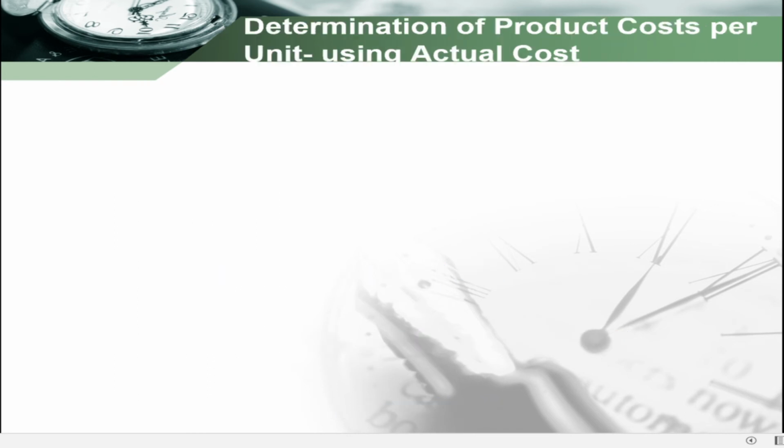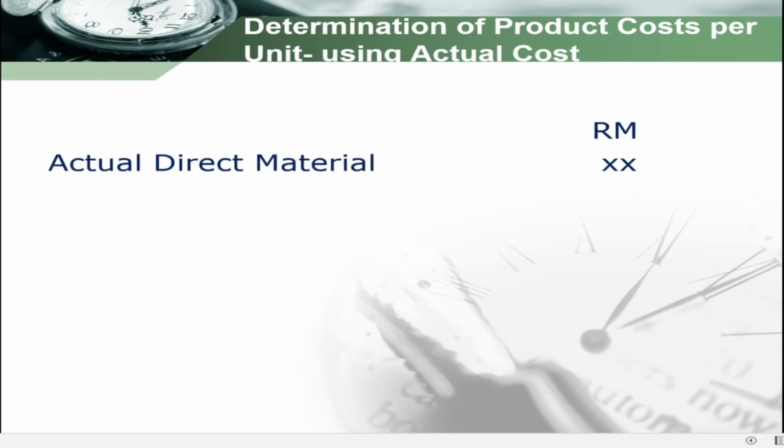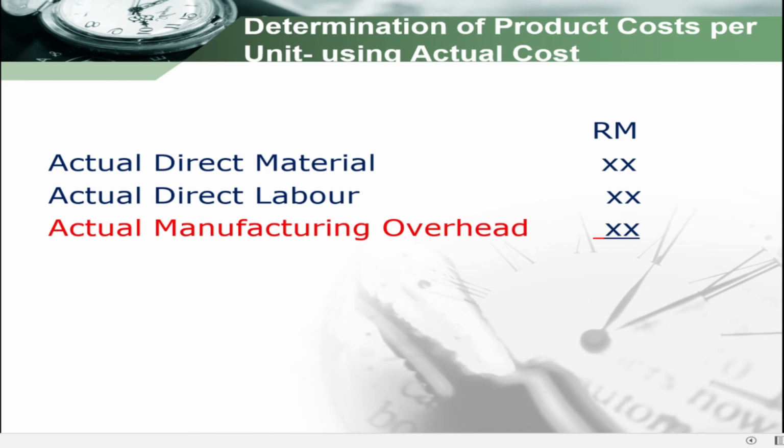Determination of product cost per unit using actual costs: actual direct material, actual direct labor, and actual manufacturing overhead are used to calculate product cost under the actual system.